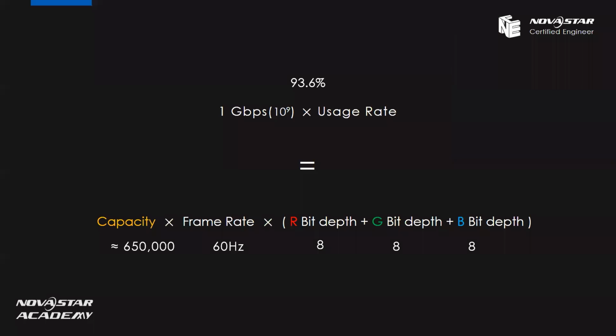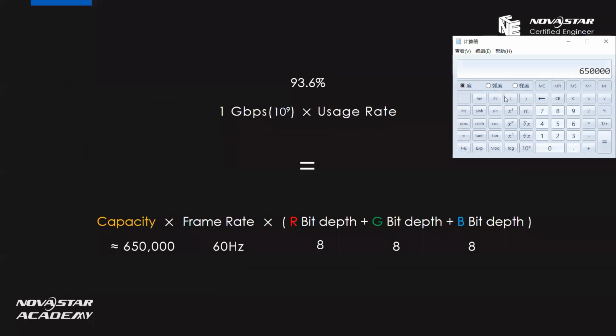But sometimes, in some European countries, the customer may test the frame rate at 50 Hertz. So what about the loading capacity? Also, we can use the calculator to get the result. 1 gigabits, 93.6%, divided by 50 Hertz.